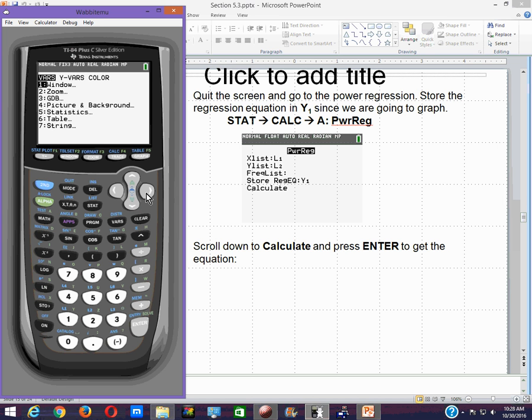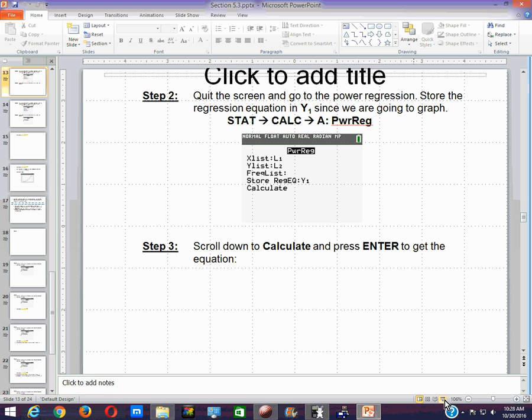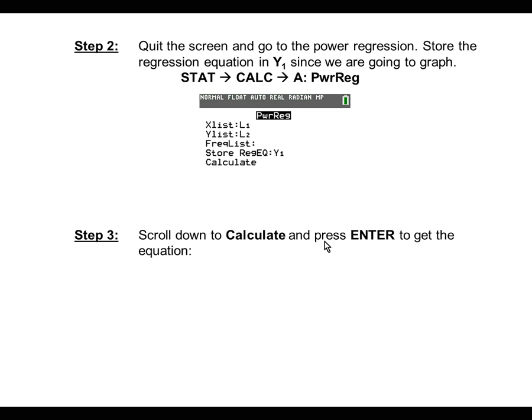Store regression equation, Y1, function, enter. Calculate, there we go. So I have 1.988 times x raised to the 2.335 power. Now here, remember, I didn't set my float.